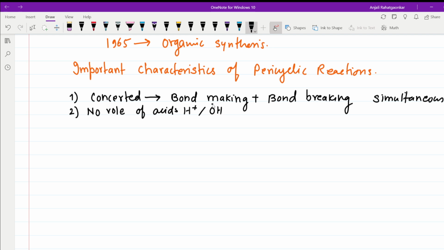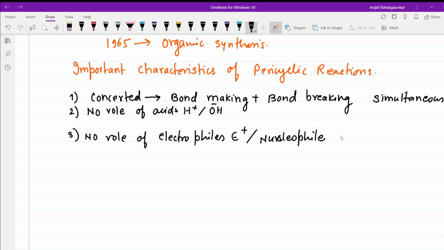The third important point is that there is no role of electrophiles, nucleophiles, or any free radical.